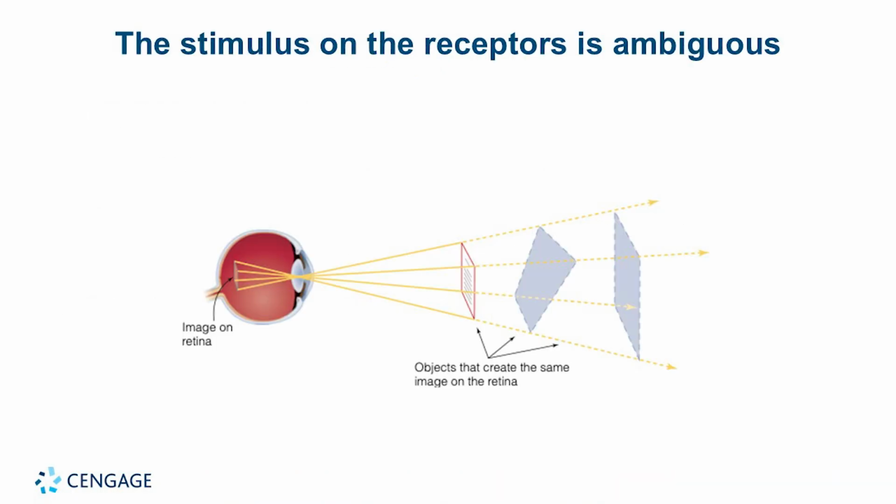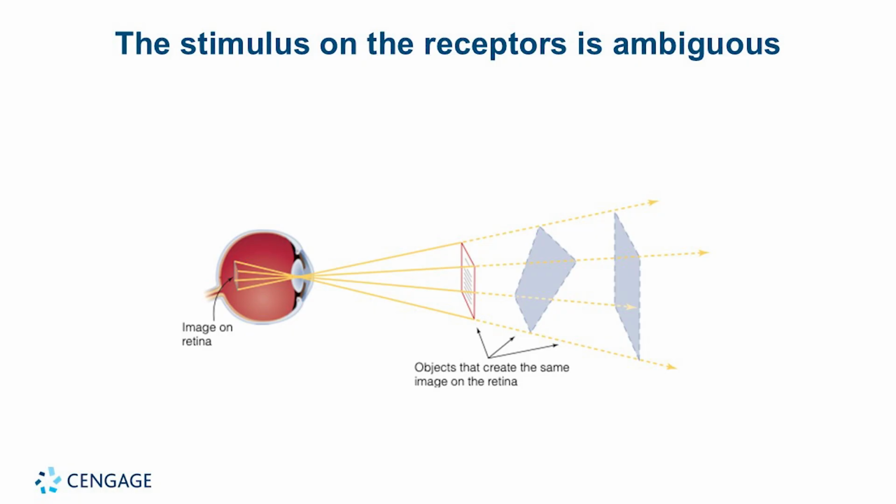Let's start off by considering the example of how we receive visual information about objects that surround us. For example, the retina receives some kind of stimulation in the form of photons that bounce off of other objects in the world and then activate the neurons in the retina that then relay that information into the visual cortex.